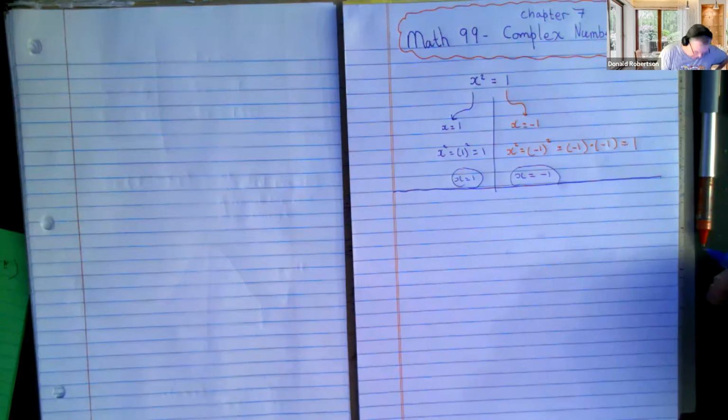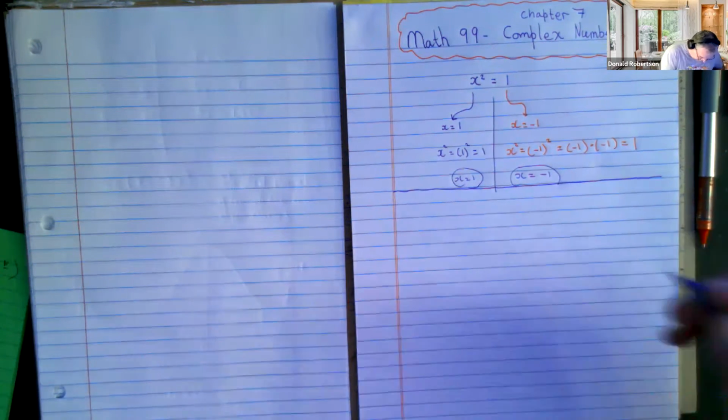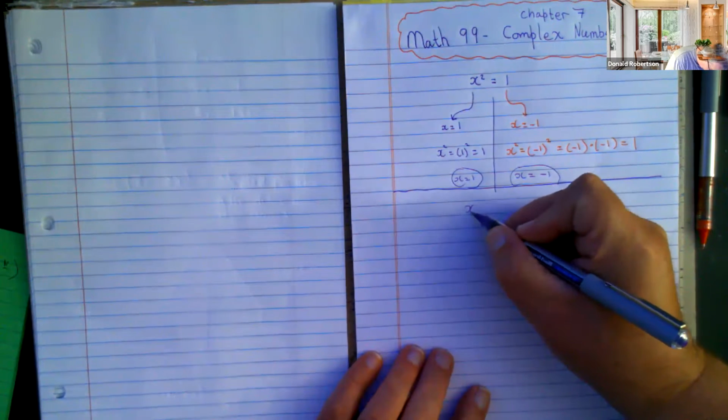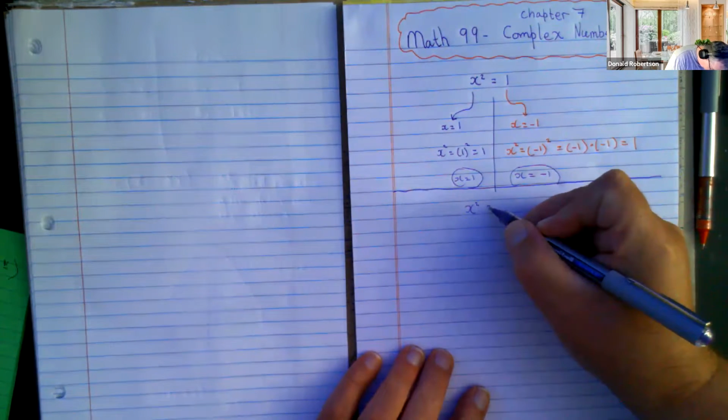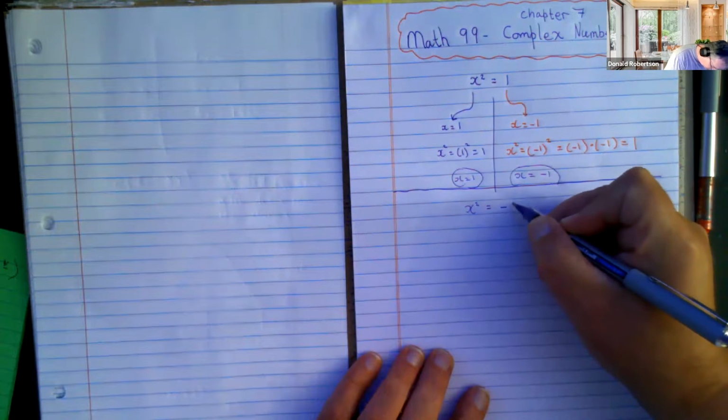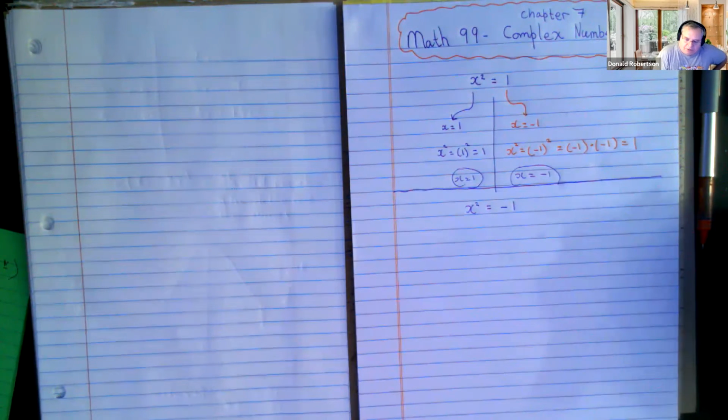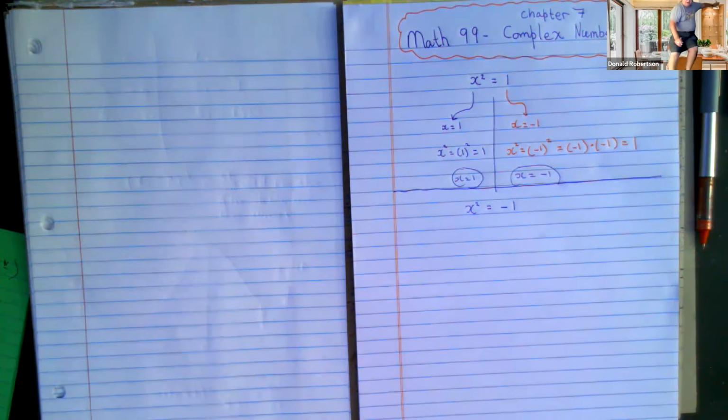So imagine a mathematician came up with this problem. He's trying to solve the equation x squared equals negative 1. Now the logic would be that there is no solution. But actually, if we're being a little bit formal about that, what we really mean is there is no real number that is a solution.